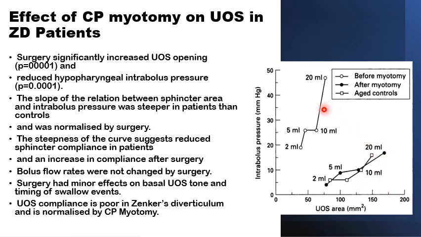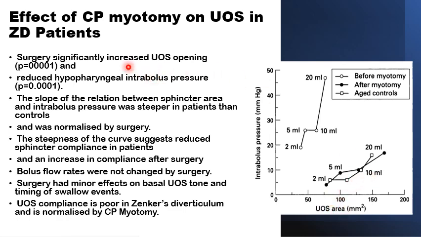The results of the Cricopharyngeus myotomy would bring this into the open squares in here, which is almost similar or identical to the normal patients. That's why a Cricopharyngeus myotomy is so important in reducing the intraluminal pressure required to open up the upper esophageal sphincter more.